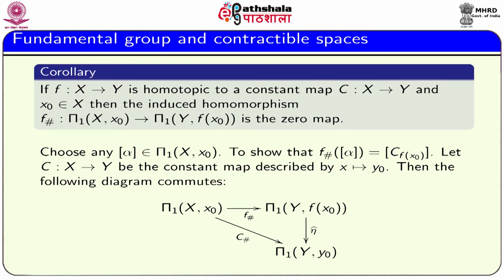So, for that, if we choose any point from pi 1 X, x0, let us call it class alpha, then we need to show that f sharp operated on this class alpha will give me the trivial element, that means class C f x0.